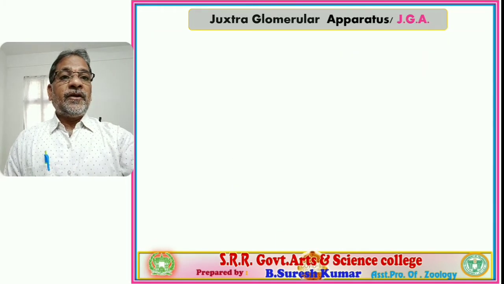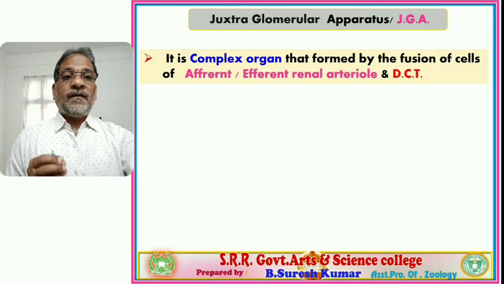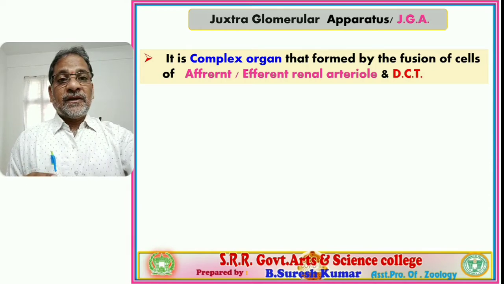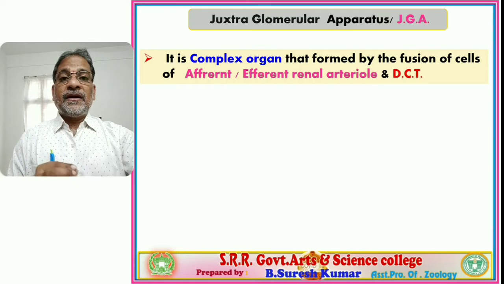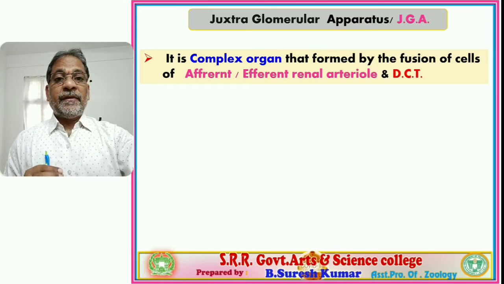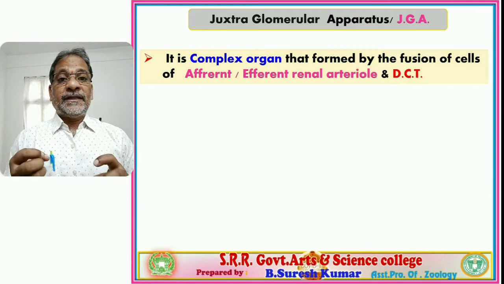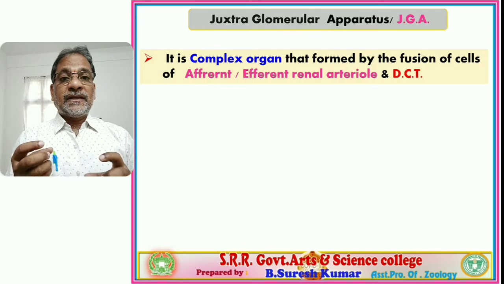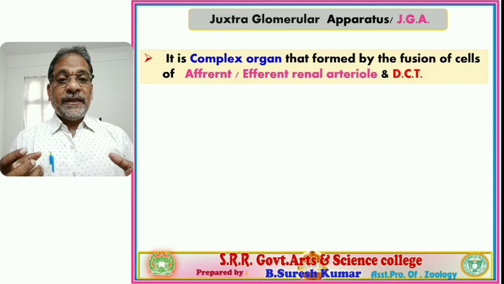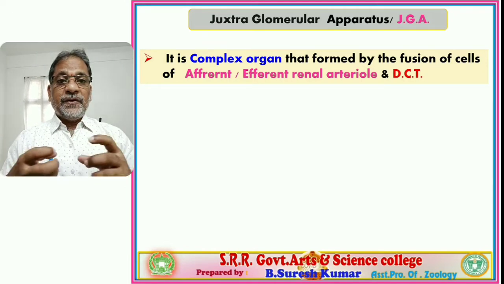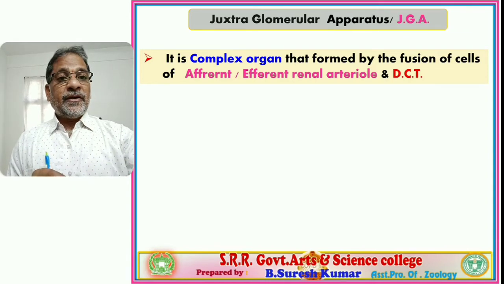The juxtaglomerular apparatus is a complex organ formed by the fusion of cells of the afferent and efferent renal arterioles and the distal convoluted tubule. So students, remember, two kinds of different cells: the cells of the blood vessel and the cells of the DCT. These two cells merge and ultimately form the juxtaglomerular apparatus.